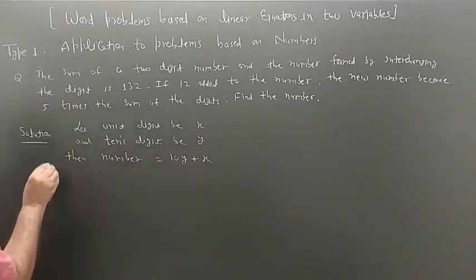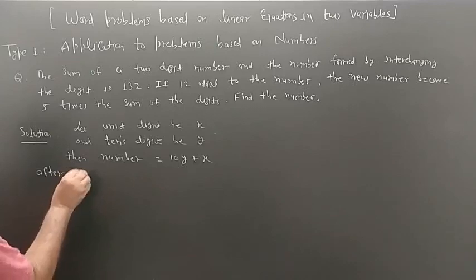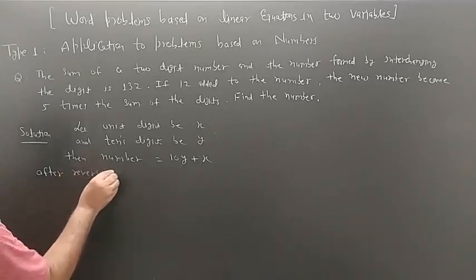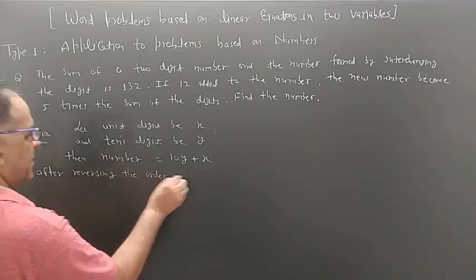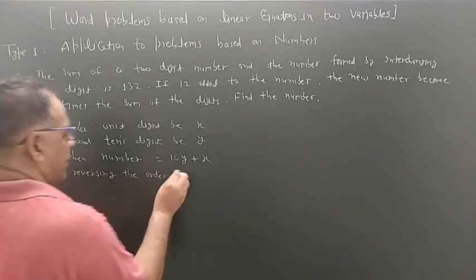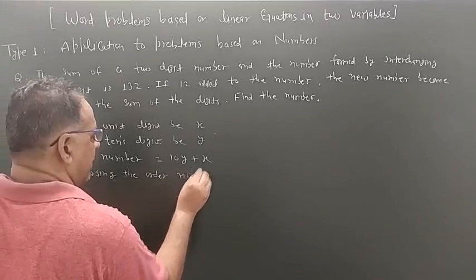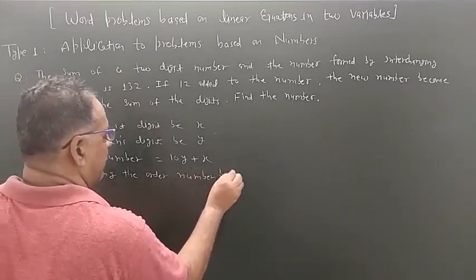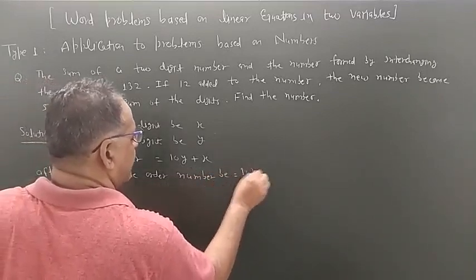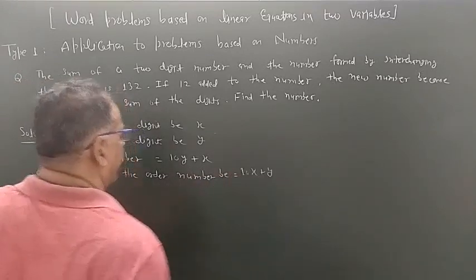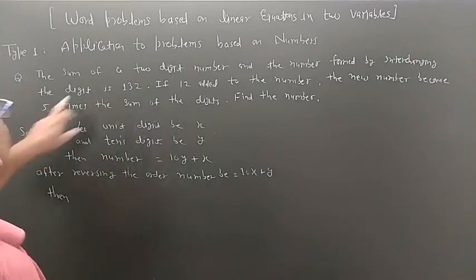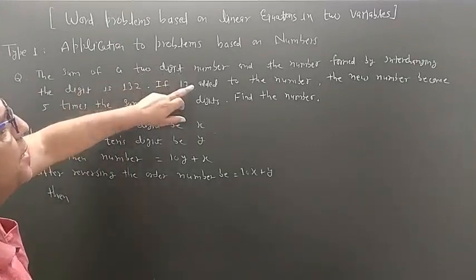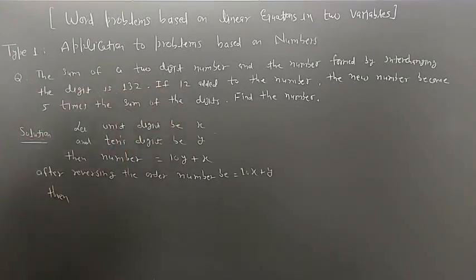After reversing the order, the number is 10x plus y. Then the sum of a two-digit number and the number formed by interchanging the digits is 132.